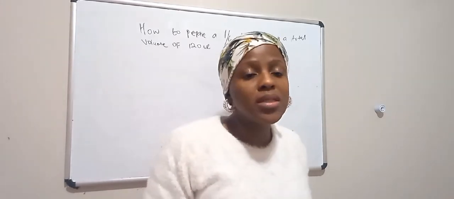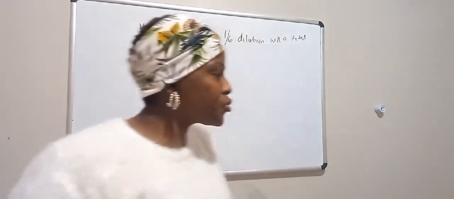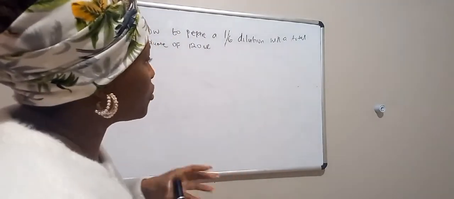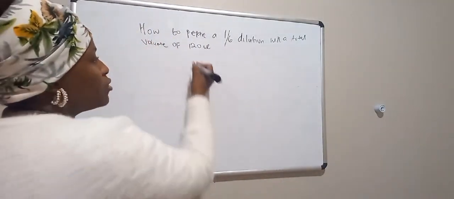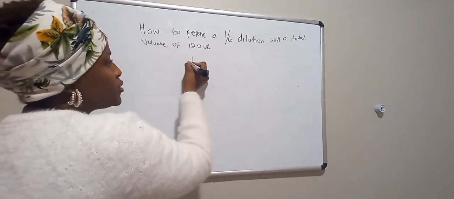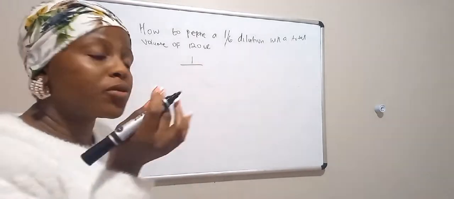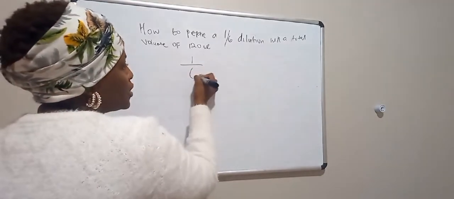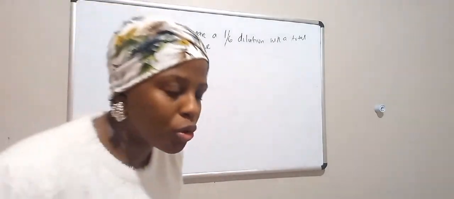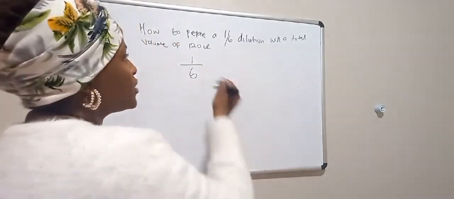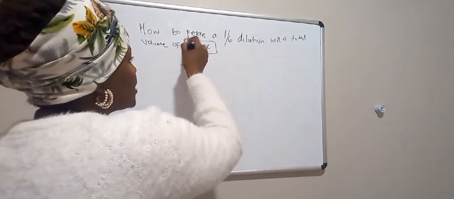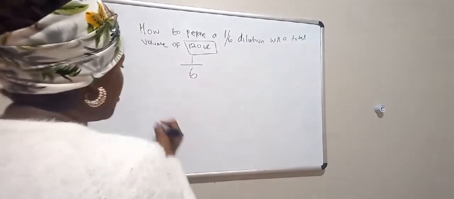You can't just mix. As we know, our dilution statement is always 1 part of the solute over the total volume. Now they have given us the total volume at the end in our tube.